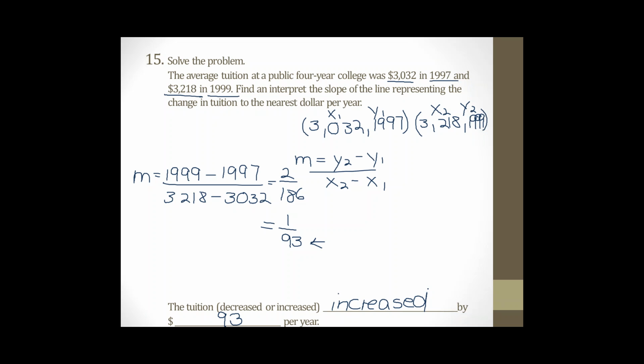Okay. I'm going to wait a second to see if somebody has a question before I move on. So the hardest part is interpreting whatever answer you get into a word problem.